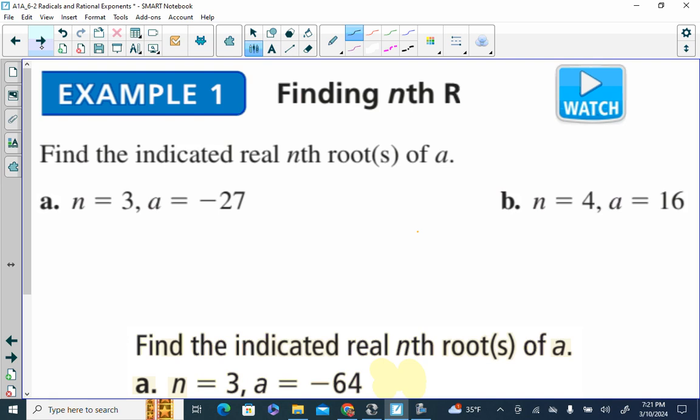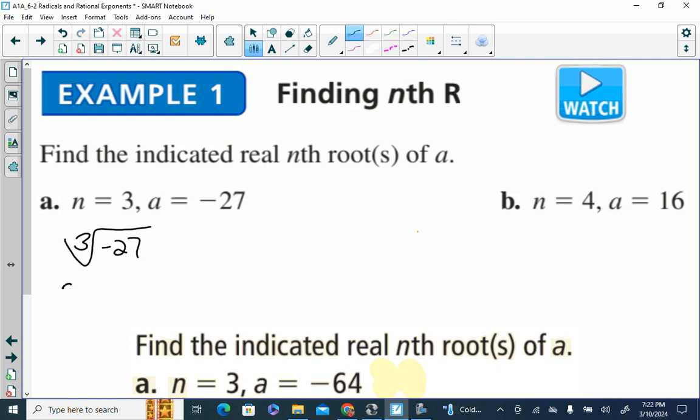All right, we look at our next example. We want to find the nth root of a number, and that radicand is going to be negative 27. We want the cube root of negative 27. So we want to know what number used as a factor 3 times gives us a product of negative 27.